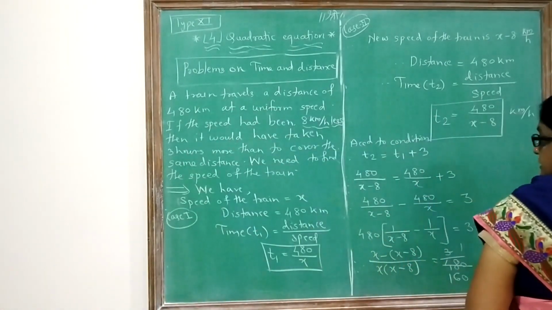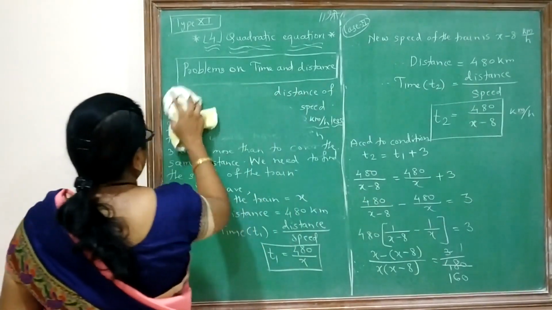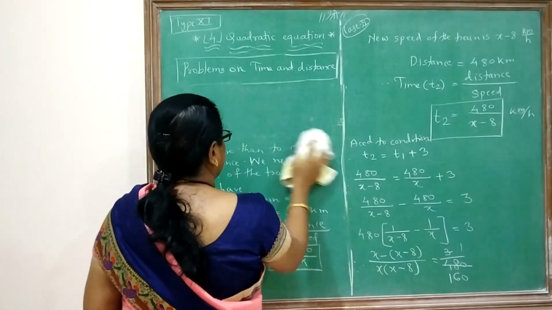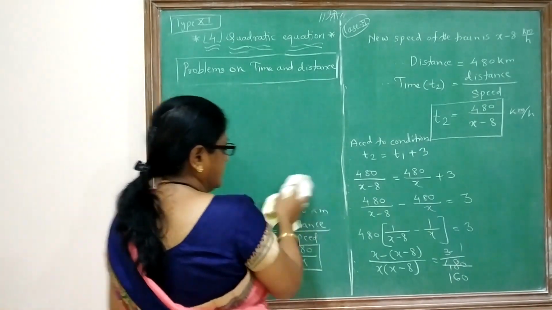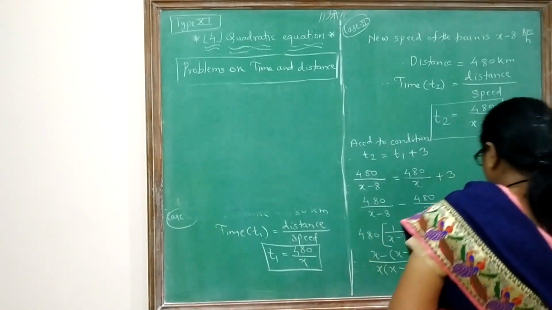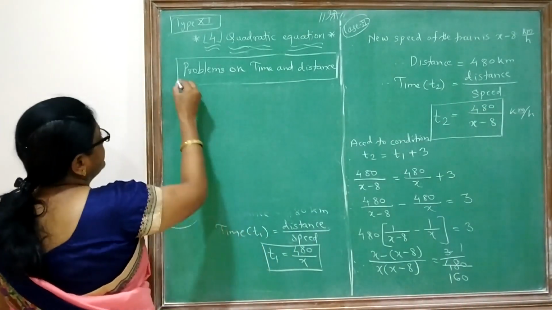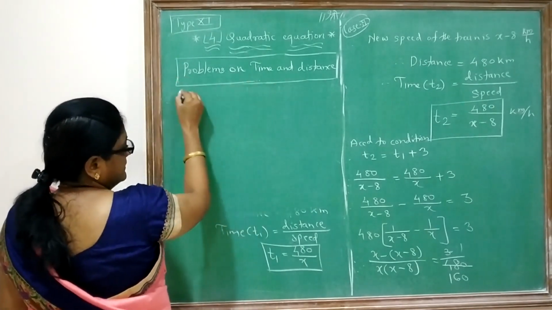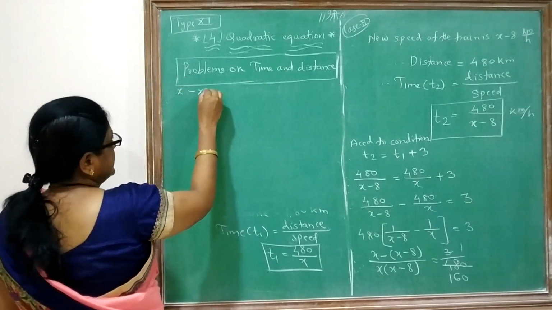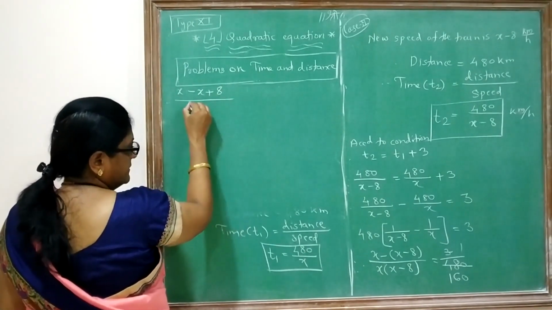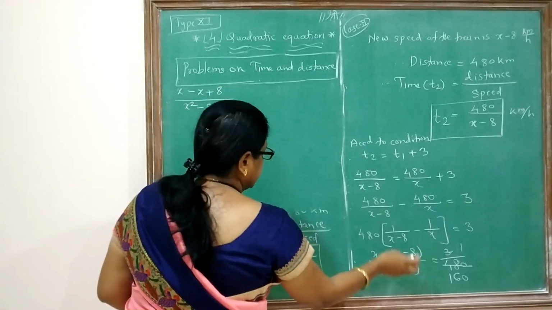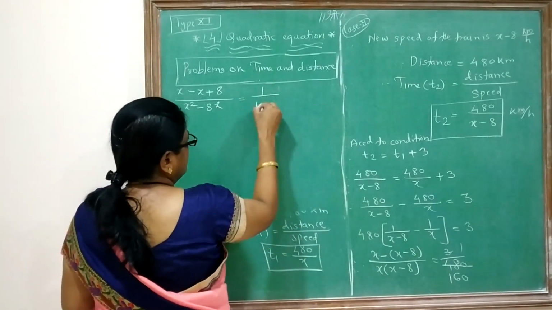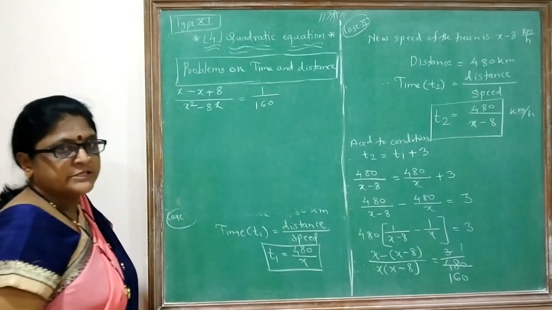The next step is x minus x plus 8 divided by x into x, x square minus 8x, equal to 1 upon 160.